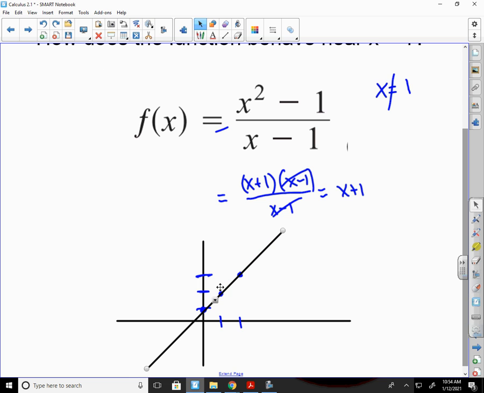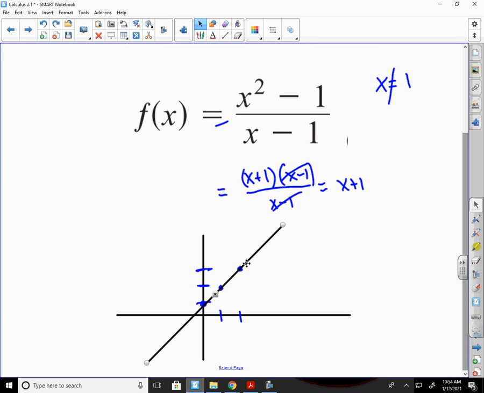So by studying the behavior around the point x equals 1, we can get a good estimate for what the point would be if it did exist at x equals 1. So that's where limits come into play. If I actually try to solve this for x equals 1, it doesn't work. But I can get a good idea of what's happening based on our limit.